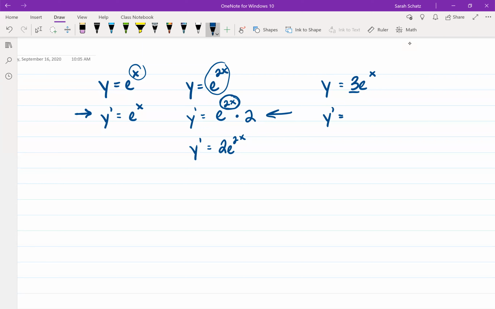If it is attached to a term with an x in it, like this, remember it's not a constant, it's a coefficient, and it just comes down. So I bring the coefficient down, and then I take the derivative of e to the x, which is, as we know, e to the x, and this is what we get.